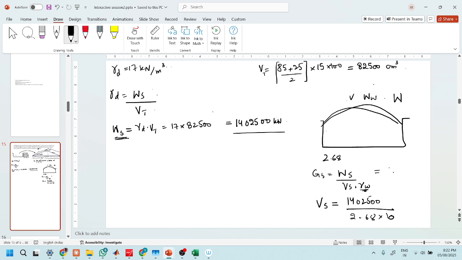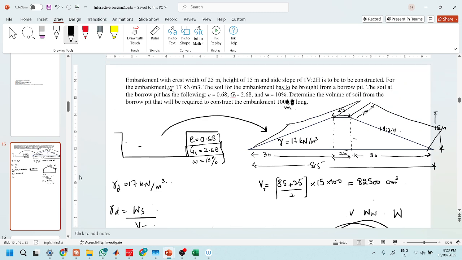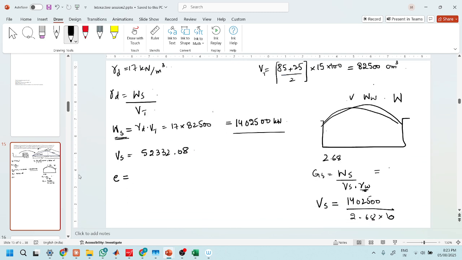So volume of solids will be that value. The void ratio e has been given as the relationship.